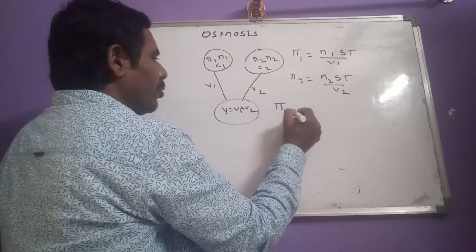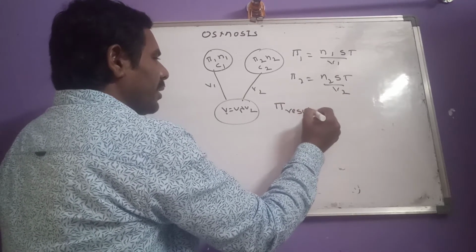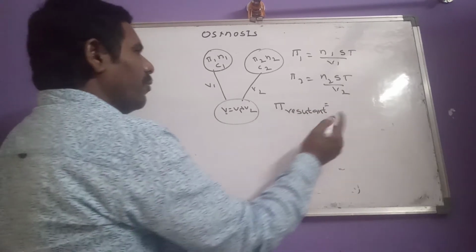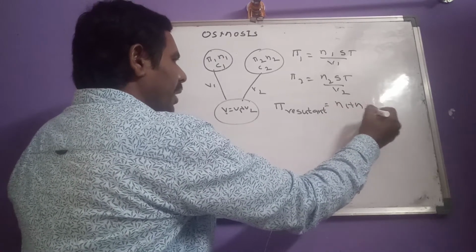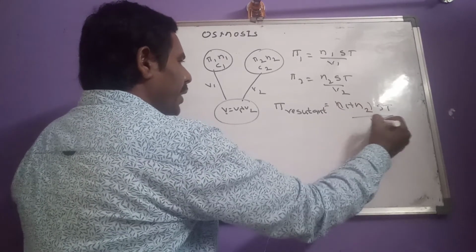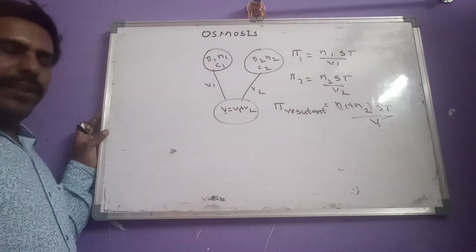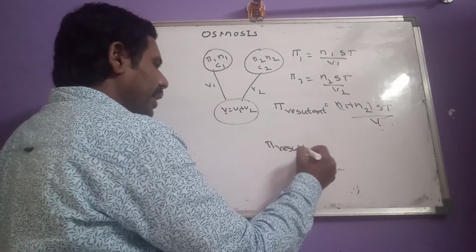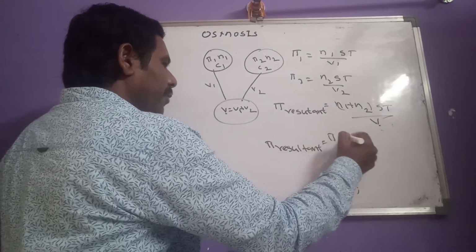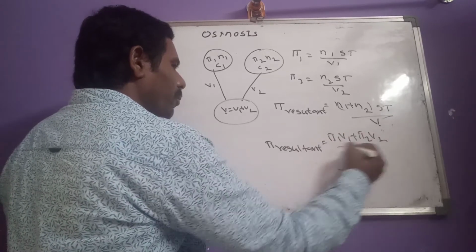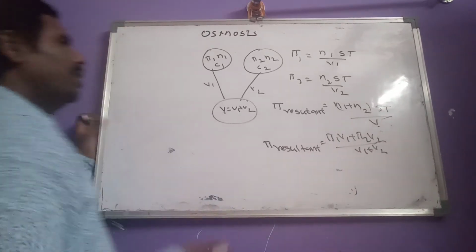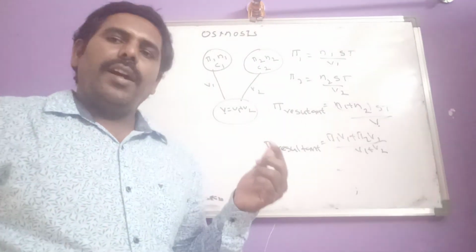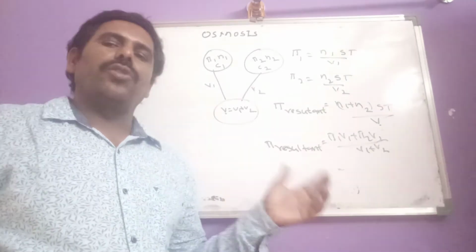Therefore, the osmotic pressure of the resultant solution, pi resultant, equals (n1 plus n2) ST by (V1 plus V2), which we can take as V volume, or another formula, pi resultant equals (pi 1 V1 plus pi 2 V2) by (V1 plus V2). So these are the formulas used to calculate the osmotic pressure of a resultant solution.